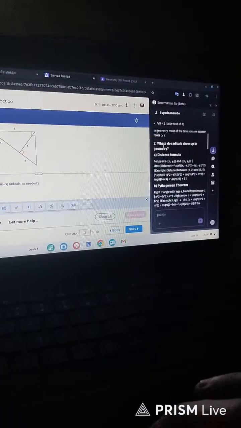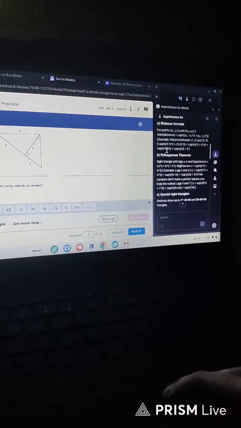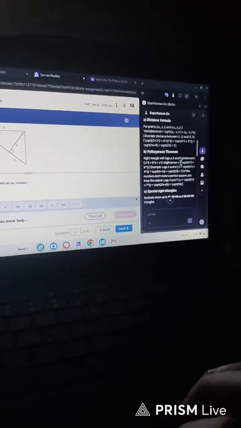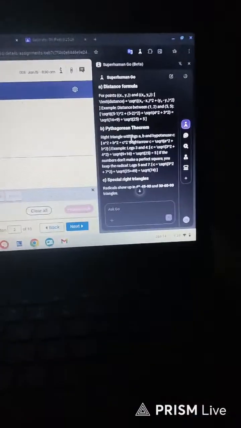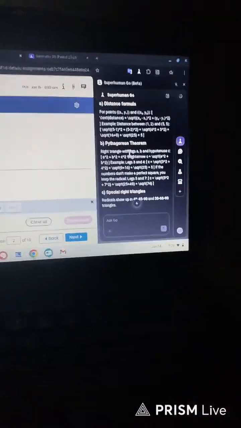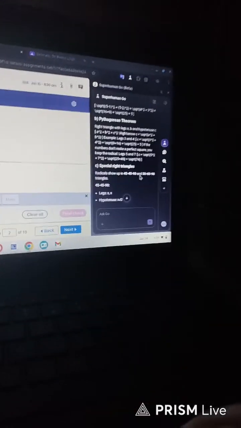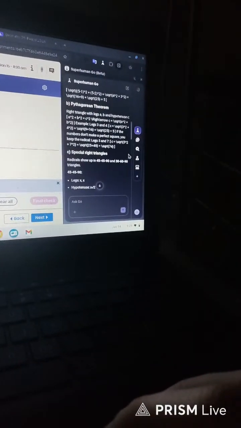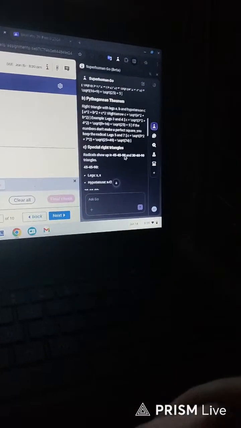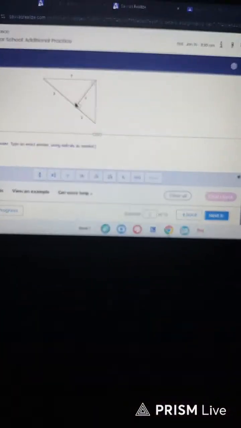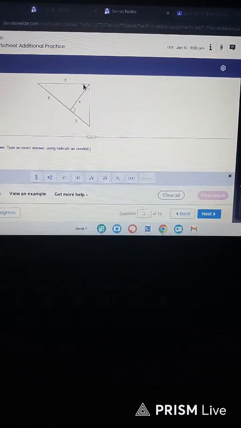Alright. Oh god, this is a bunch of stuff. Radicals show up in 45-45-90 and 30-60-90 triangles.